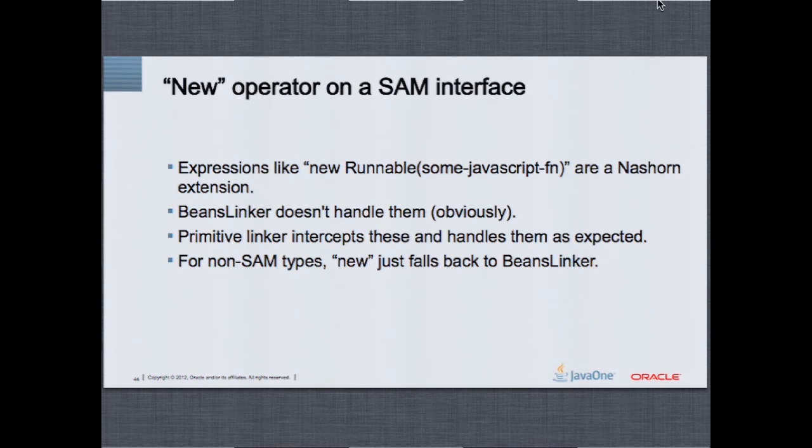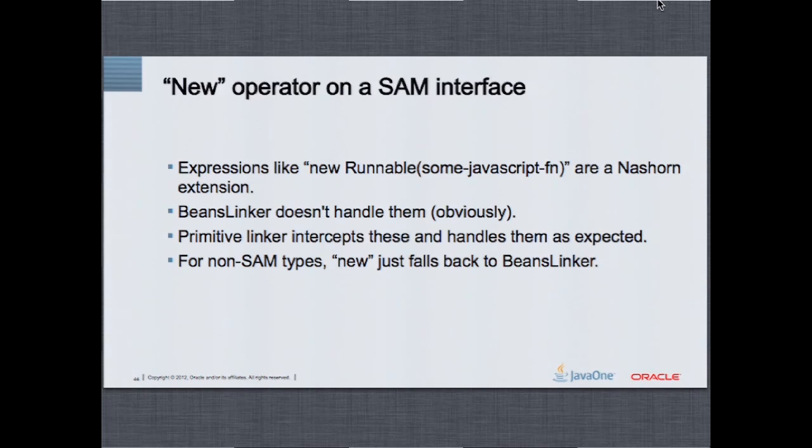And you know instinctively what this needs to be, right? You want a new adapter Java class that implements the Runnable interface, and when its run method is invoked, it delegates to the function. Now, obviously, beans linker cannot handle this because beans linker knows nothing about JavaScript functions.